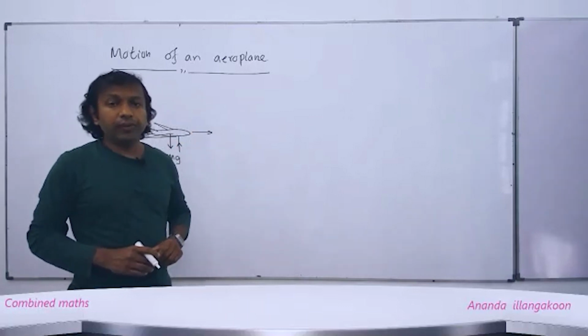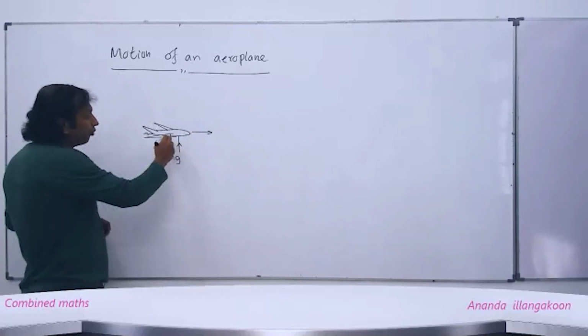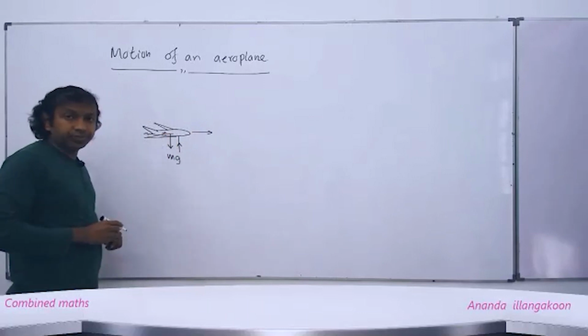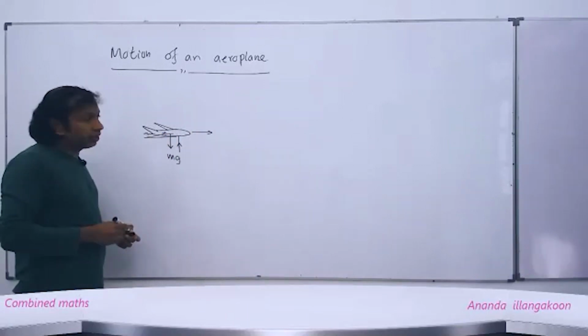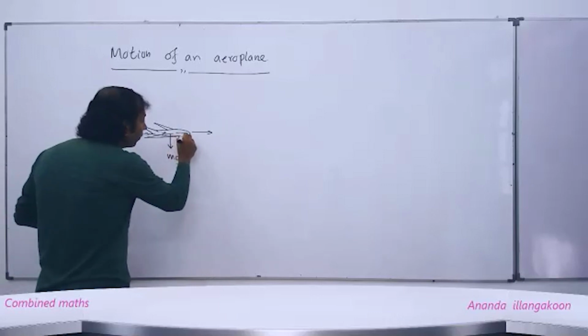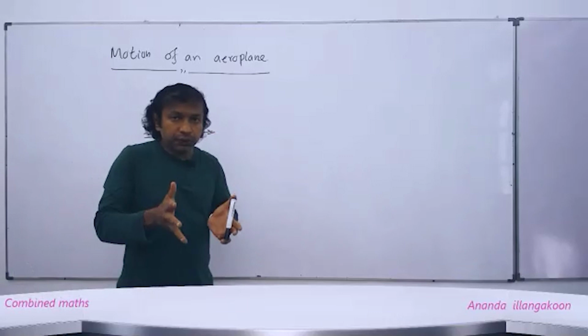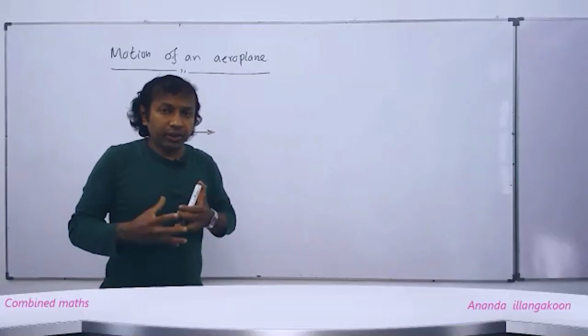So now, by burning fuel in the engine of an aeroplane, a velocity can be created. This velocity acts along the body of the aeroplane. What velocity? The velocity produced by the engine of the aeroplane by burning fuel.